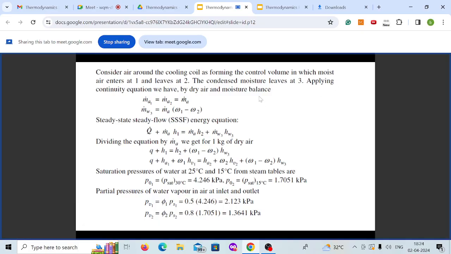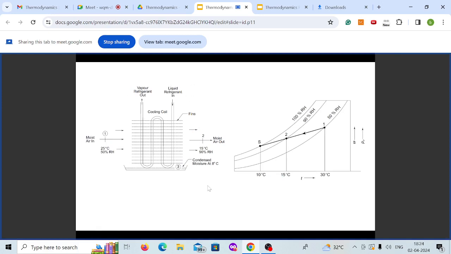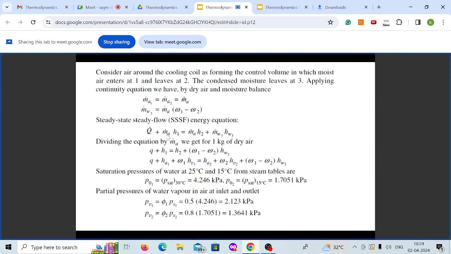Now when you apply the steady flow energy equation across the cooling coil, your air is coming in at m dot A H1, and the cooling heat which has been removed, Q, is equal to m dot A H2, which is going out, plus the mass of water going out, m dot W3 times HW3, which is the condensed water leaving.